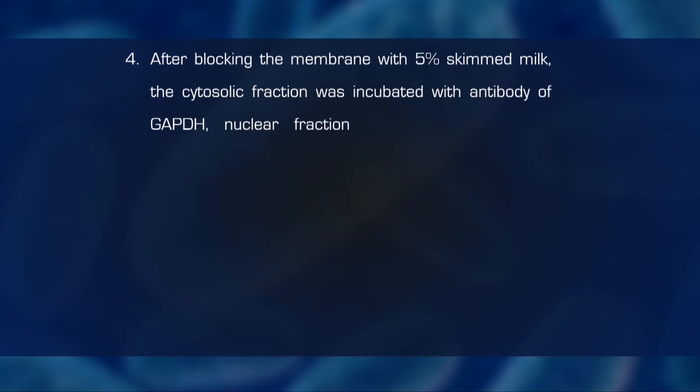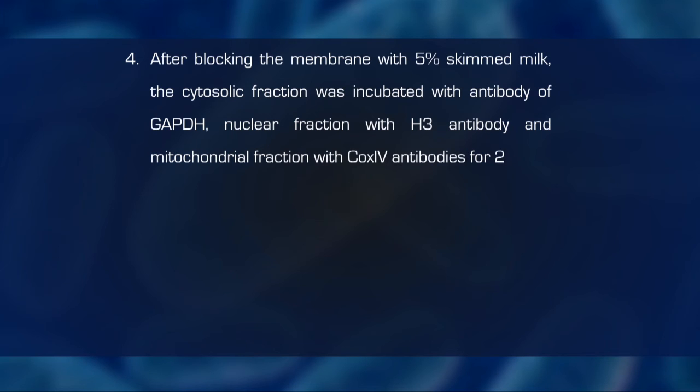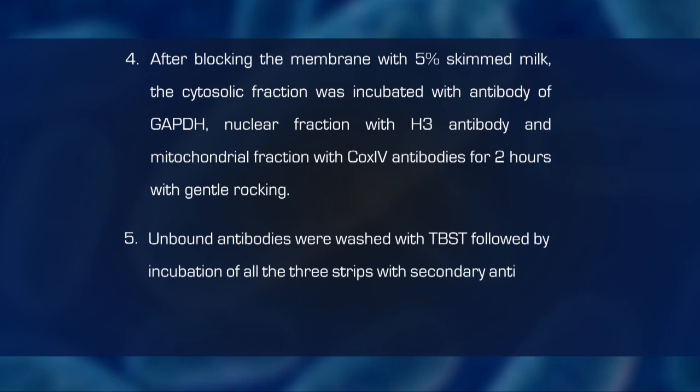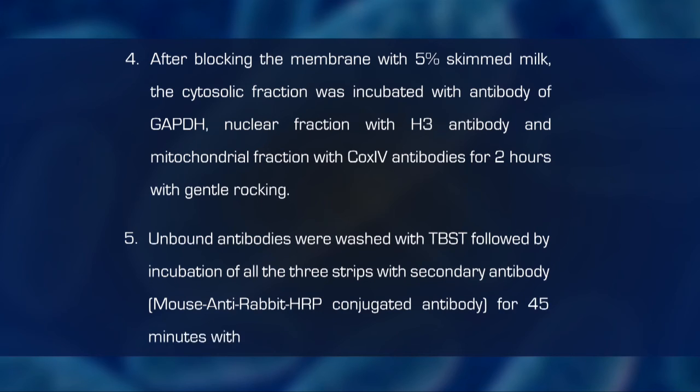Now, after blocking the membrane with 5% skimmed milk, the cytosolic fraction was incubated with antibody of GAPDH, nuclear fraction with H3 antibody, and the mitochondrial fraction with COX-4 antibodies for 2 hours with gentle rocking. Next, unbound antibodies were washed with TBST, followed by incubation of all the 3 strips with secondary antibody, which is mouse anti-rabbit HRP conjugated antibody, for 45 minutes with gentle rocking.